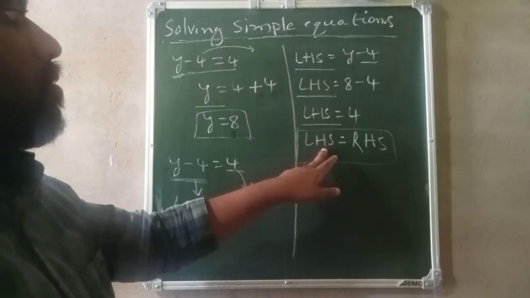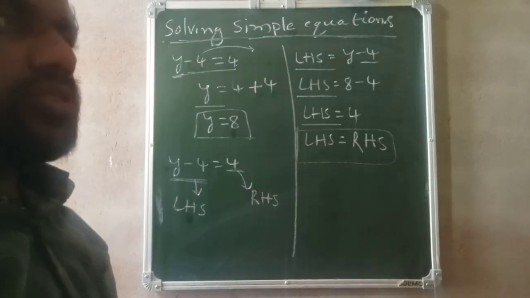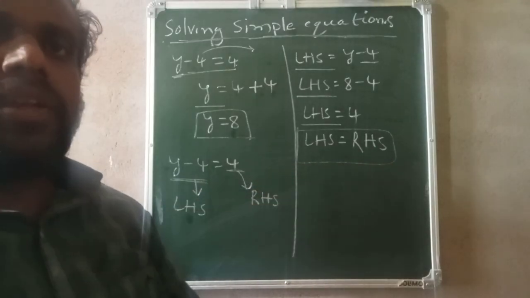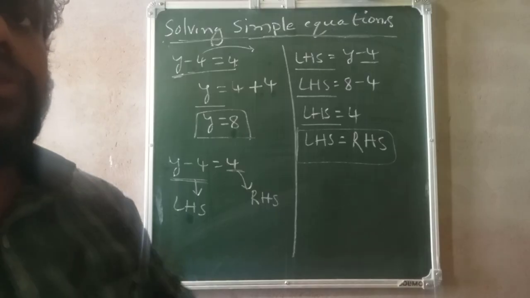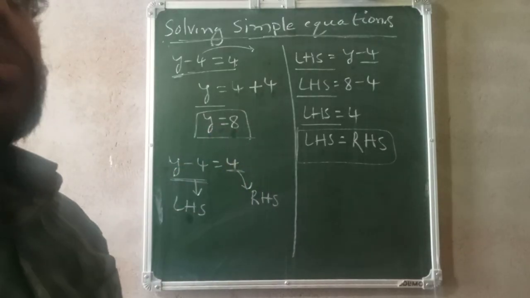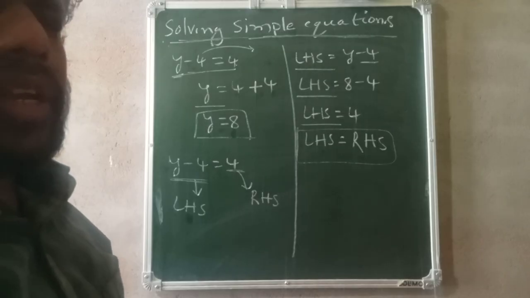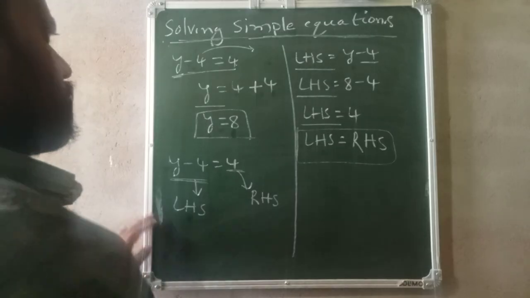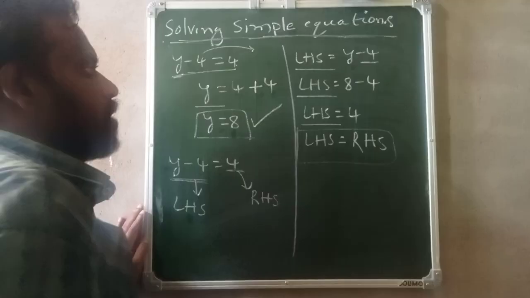See, we got LHS is equal to RHS. So when you get LHS is equal to RHS, that means this answer is correct. y is equal to 8 is the correct answer. So I will put right mark.